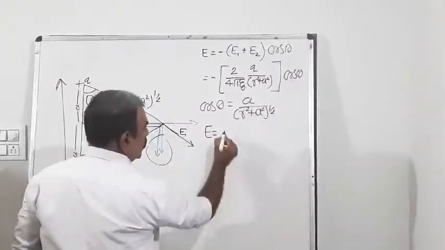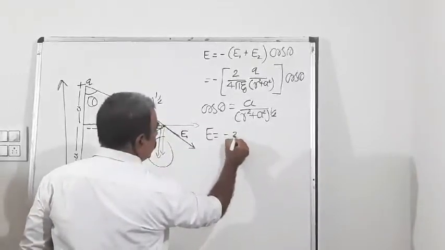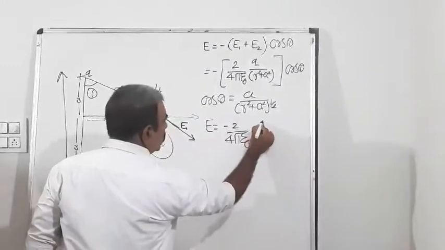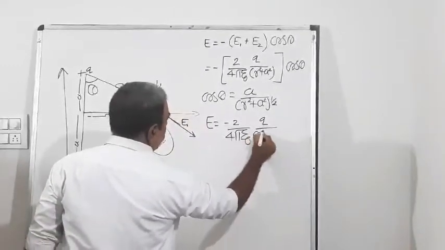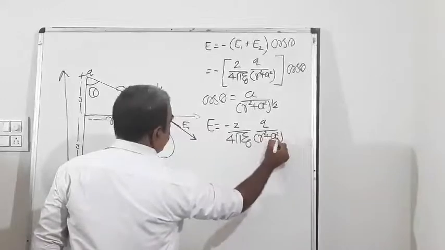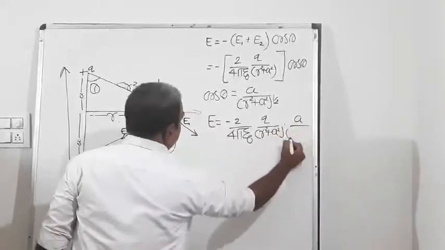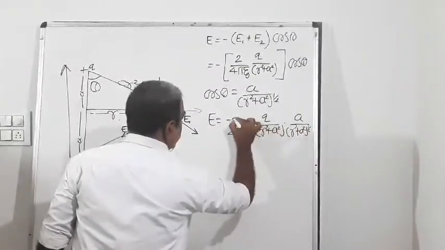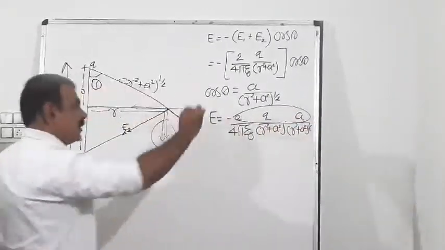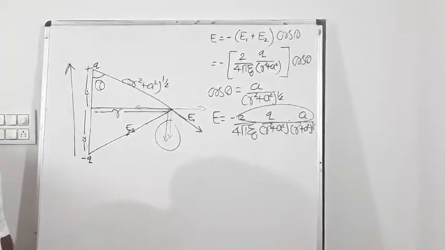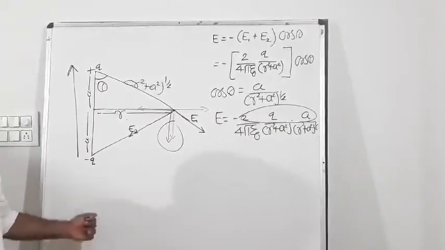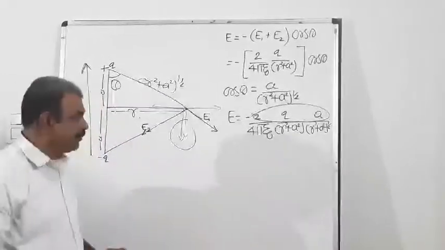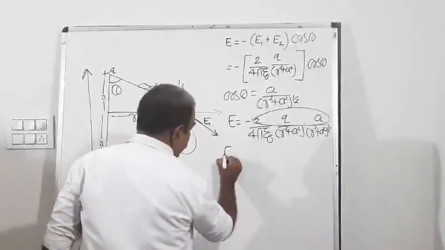E equals minus 2 over 4 pi epsilon 0 q upon r square plus a square, into a upon r square plus a square raised to power half. Now see this part. Twice of a q, as we have gone through in the axial line concept, is the dipole moment P. So what can we write down?